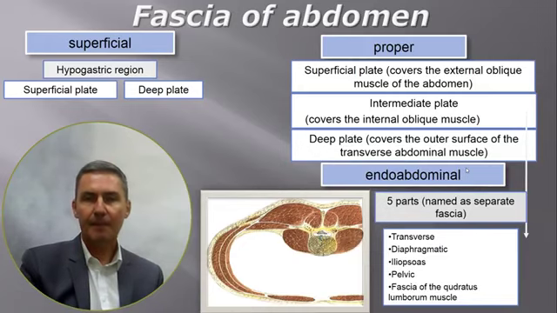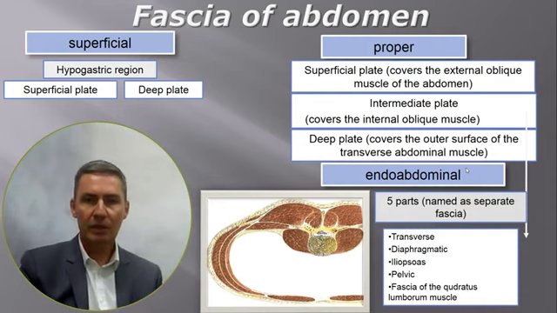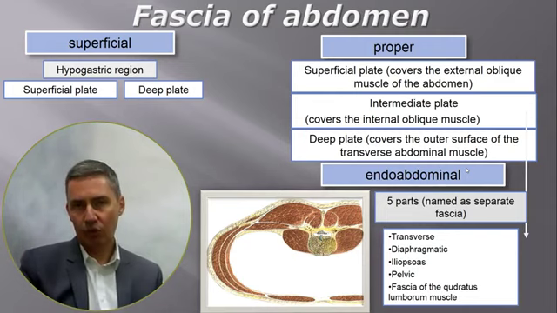Proper fascia has the superficial plate, which covers the external oblique muscle of the abdomen, an intermediate layer or plate, which covers the internal oblique muscle of the abdomen, and a deep plate, which covers the outer surface of the transverse abdominis muscle.